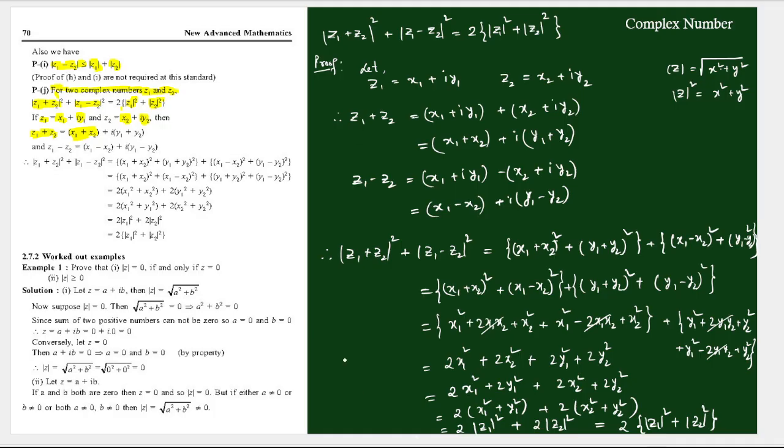So write down, therefore, modulus of z1 plus z2 square equal to 2 times modulus z1 square plus modulus z2 square. Okay, then this is your proof. Okay, last property.